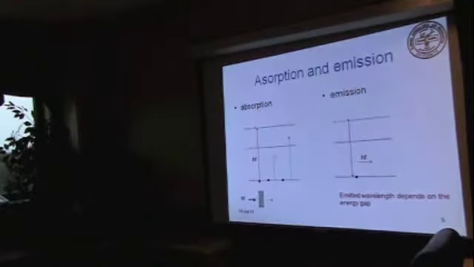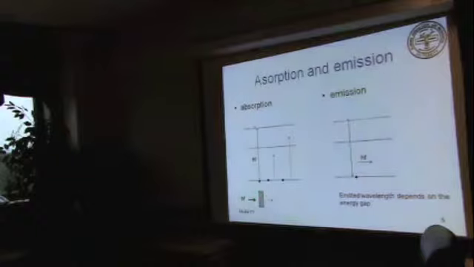If the energy is not exactly enough to bridge the gap, then nothing happens, and the beam will pass through the material. Or if the energy is a little more than this gap but smaller than that gap, then also the light will be transmitted. So in order for the light to be absorbed, its photon energy has to be equivalent to that energy gap.